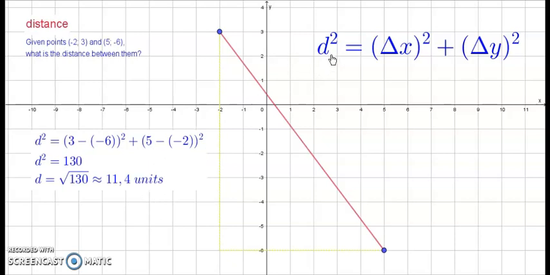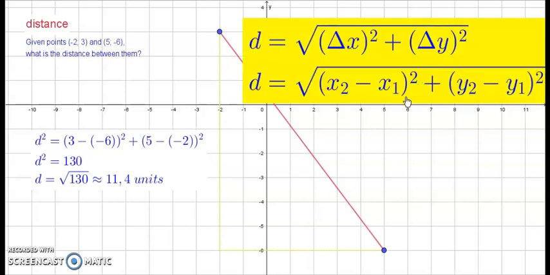plane. And the general formula to find the distance between 2 points is you are going to take the square root of the change in x squared plus the change in y squared, right? So basically those two sides of my right angle triangle added together, well, this squared plus this squared, and you take the square root of that to get this guy.